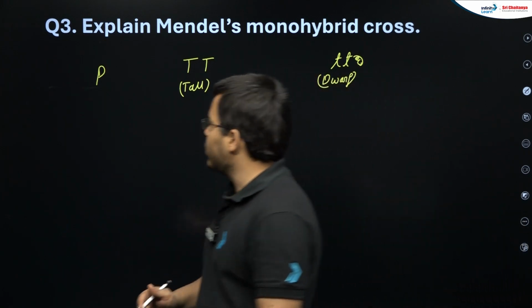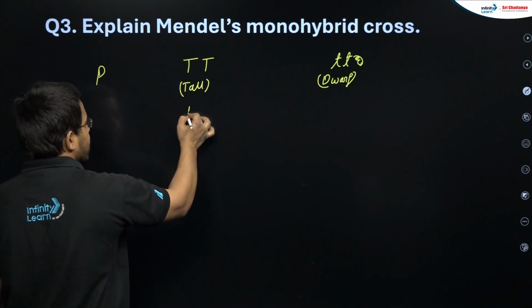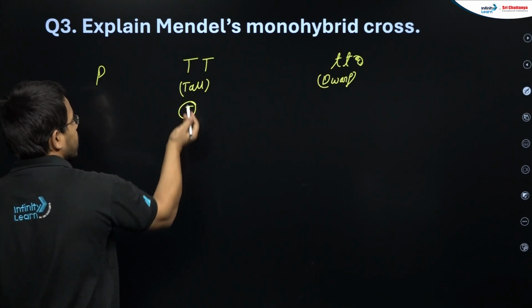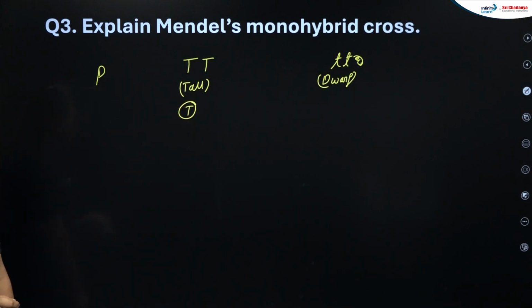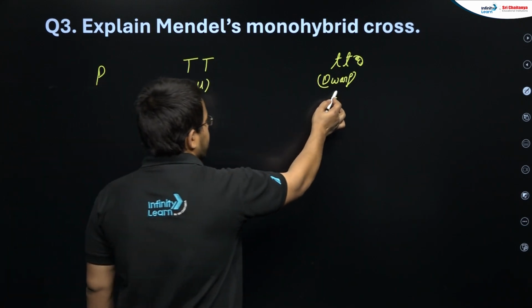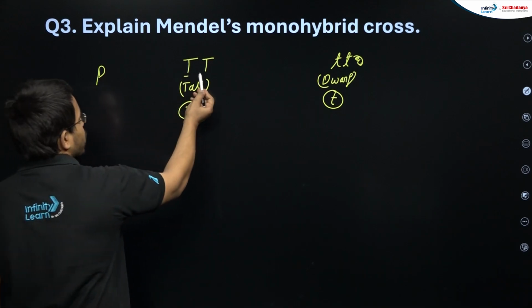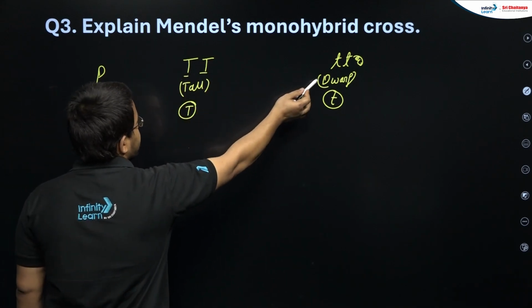So what next will we be doing, students? For the parents, you can now make the gametes. The gamete is going to be of only one type, that is capital T in the case of this parent, and small t in the case of this parent. Only this one type of gamete will form, because both alleles are capital T here and small t here.